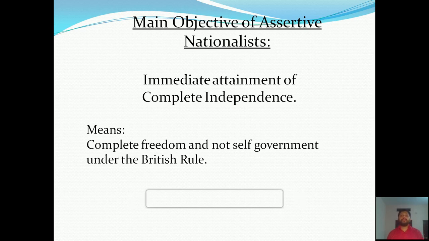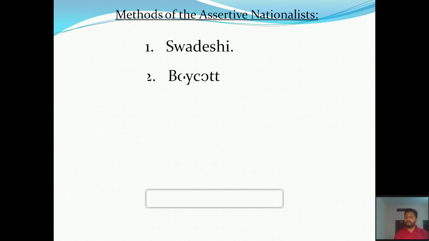Now let's move to the main important methods of the assertive nationalist leaders. What were the methods which they used against the British? Basically there are four different methods followed by the assertive nationalists. First one, Swadeshi movement, or the ideology of Swadeshi. Second one, boycott.